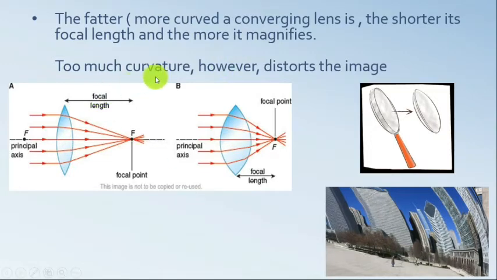But not too much curvature, because too much curvature will distort the image. This is the meaning of distorts the image. Look here, if you make the lens fatter, it's better, but not too much, because it will distort the image. So a fatter converging lens is better and it will magnify the image more.